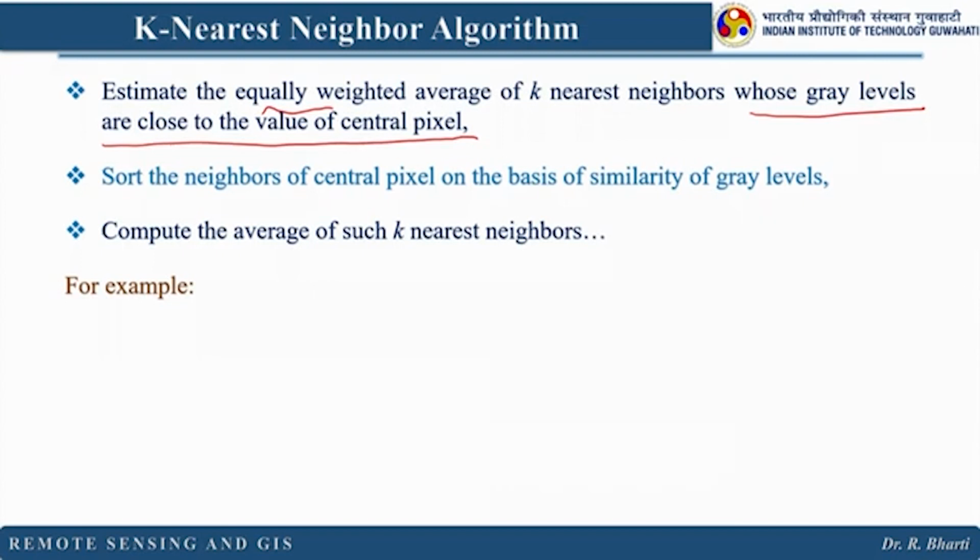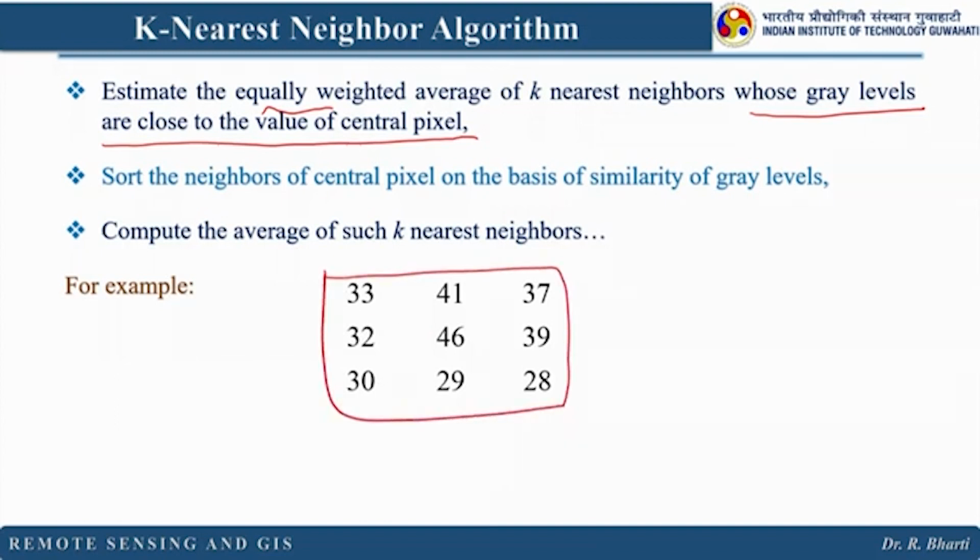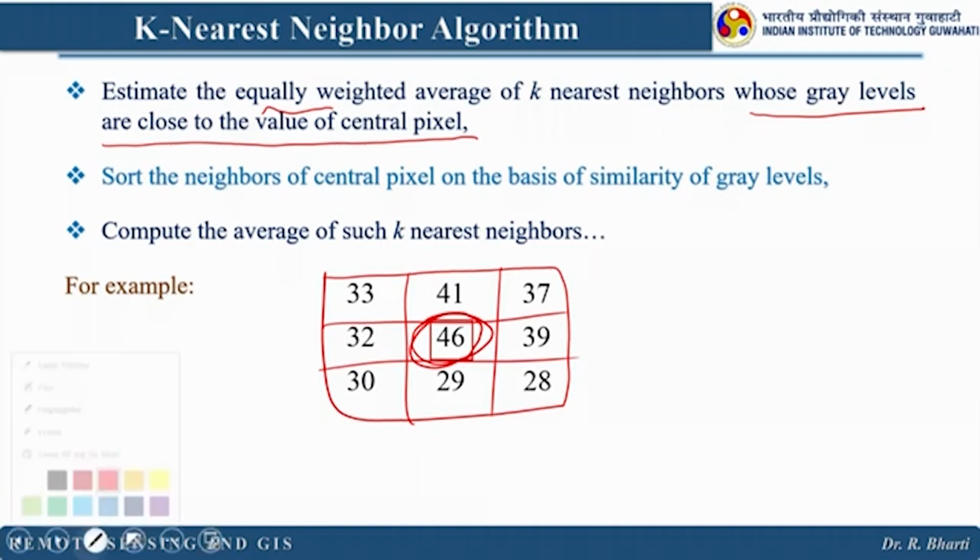So here we have one example. This is the image pixel, and you are using 3 by 3, and this is the central pixel. For that you need to estimate the new value using this K nearest neighbor. So how will you do that?